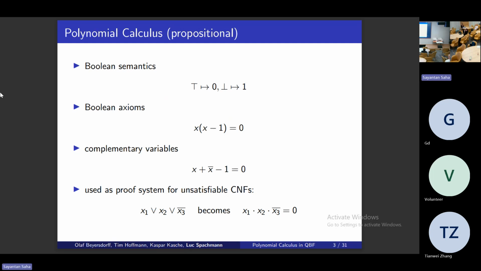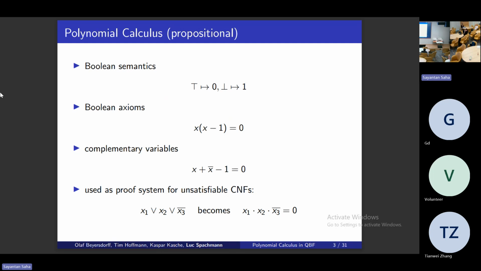Now, the next step is the complementary variables. The problem with these encodings, as I presented them, is that some CNFs cannot be efficiently transformed if you just take the variables and 1 minus the variable for the negation, because, as I said before, the number of monomials is relevant. So if you have a long clause which just consists of negated literals, you have (1 minus x1) times (1 minus x2) and so on. That's a lot of monomials if you take it in normal form.